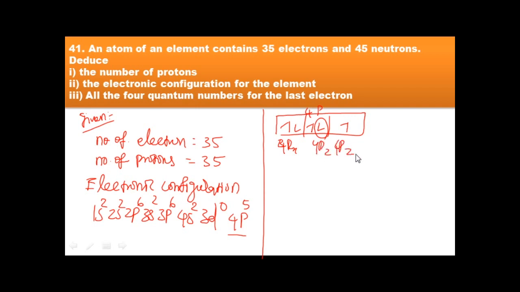Okay, so this is minus 1, 0, plus 1, or plus 1, 0, minus 1. So the last electron is present in the 4py orbital.